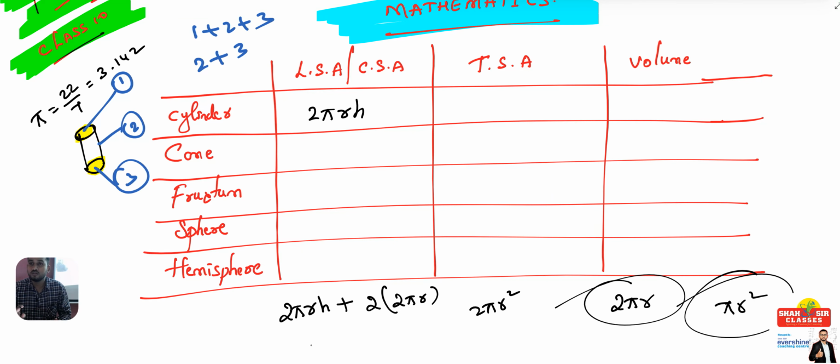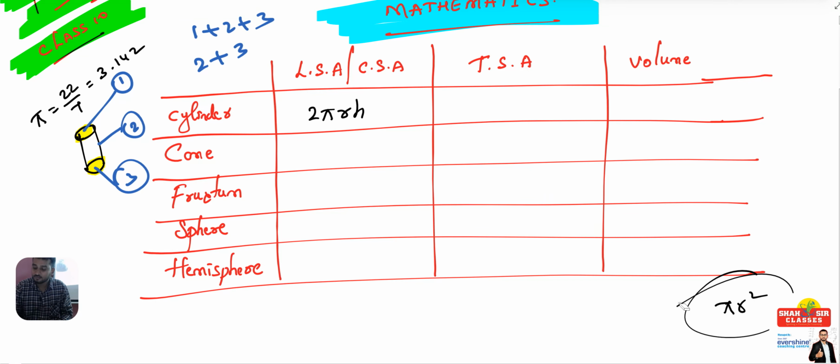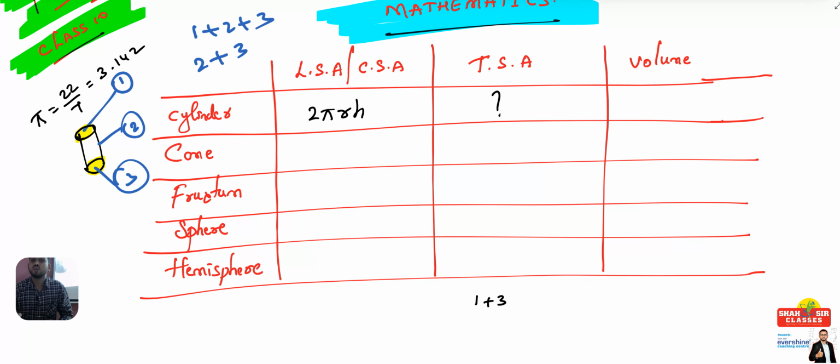Did you understand? See, once again I will repeat. Now you can see here, we have surface 1, this, can you see these straight lines? That is surface 2 and this is our surface 3. To find the total surface area, we should add surface 1, surface 2 and surface 3. Total means all the 3 surfaces we should add.